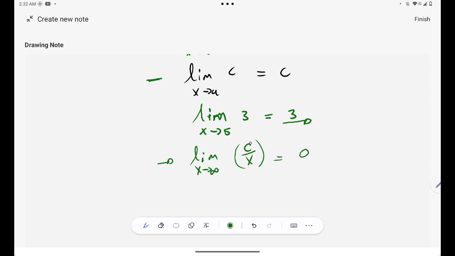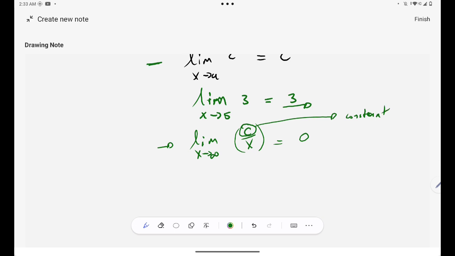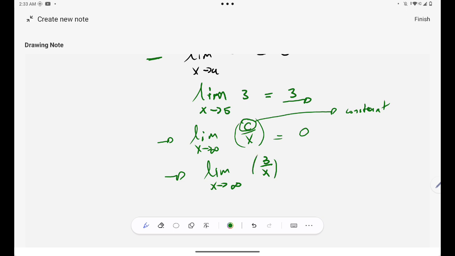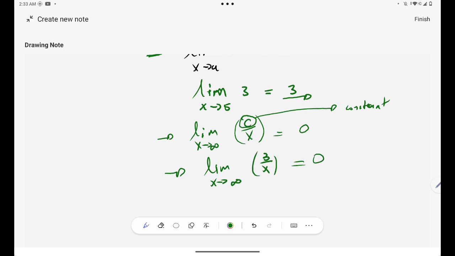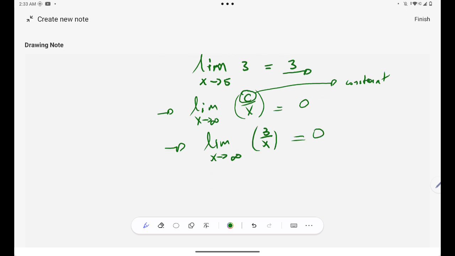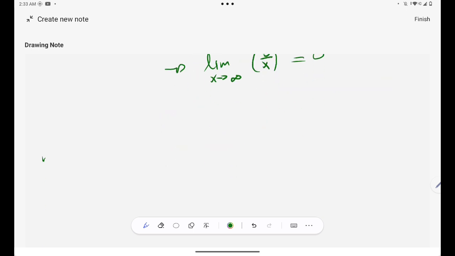Why? If c represents a constant term, this thing will always be equal to 0. For example, if I have the limit of 3 over x as x approaches infinity, why am I saying I'll get a number which is closer to 0?